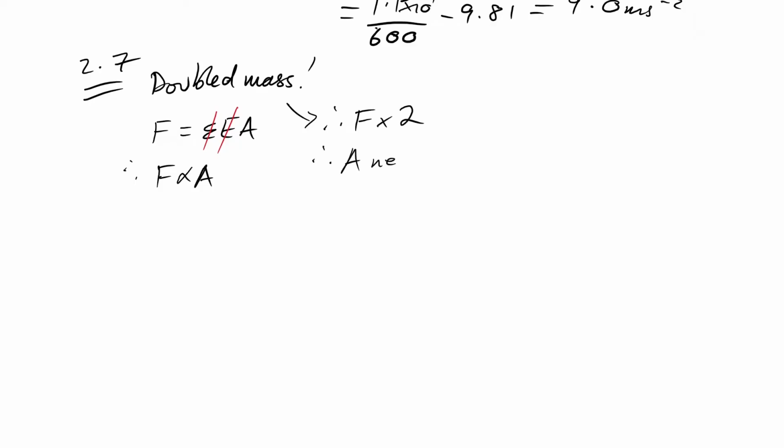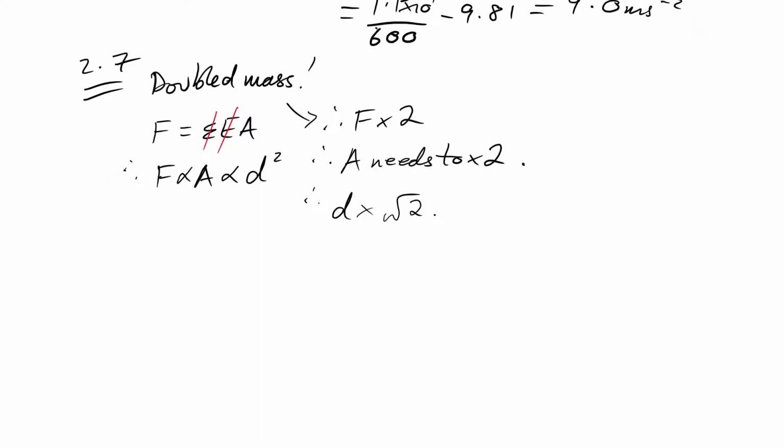Therefore, area needs to double. And we know that because area is pi d squared over 4, area is proportional to d squared. Therefore, d doesn't need to double in order to do that. It just needs to multiply by root 2. If d multiplies by root 2, then the area has doubled, which allows us to have that double the force.